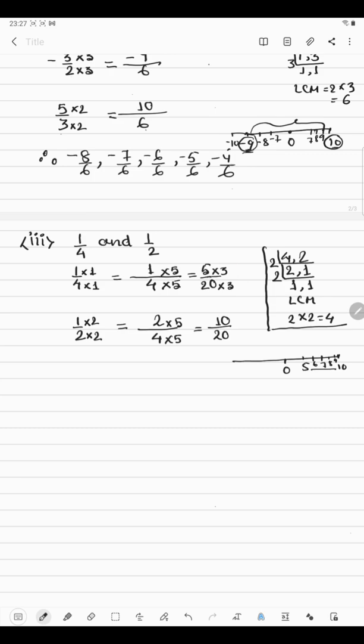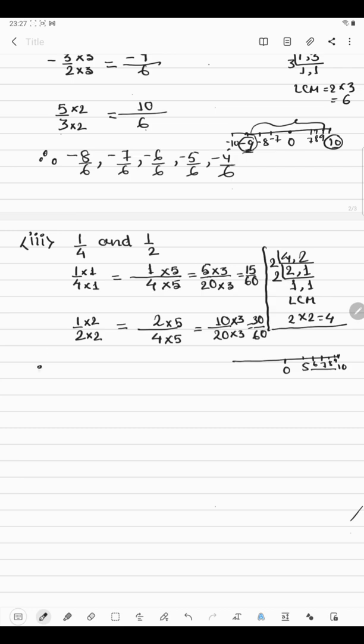So here we are getting 15 by 60. Here also we'll be taking the same number, which is 3. So here we are getting 30 by 60. Now see, in between many numbers are coming.